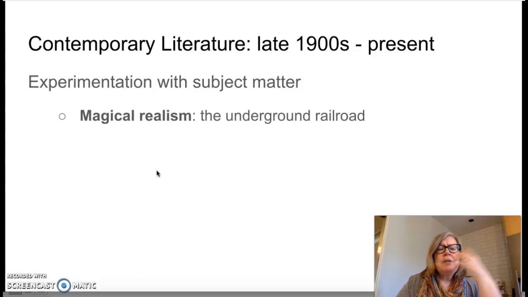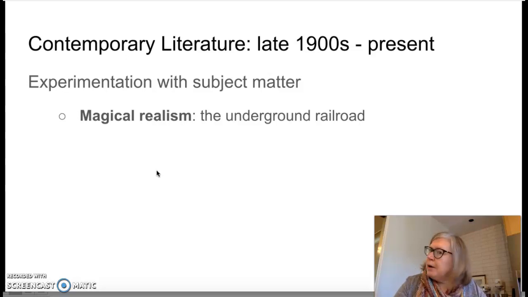So the other thing I want to talk about is how these writers experimented with subject matter. I already mentioned that he takes liberties with the historical record and historical timeline with certain events that occur in this book. I also want you to know about something called magical realism. Make sure you understand this term. Magical realism is when magical or supernatural events occur in an otherwise realistic context.